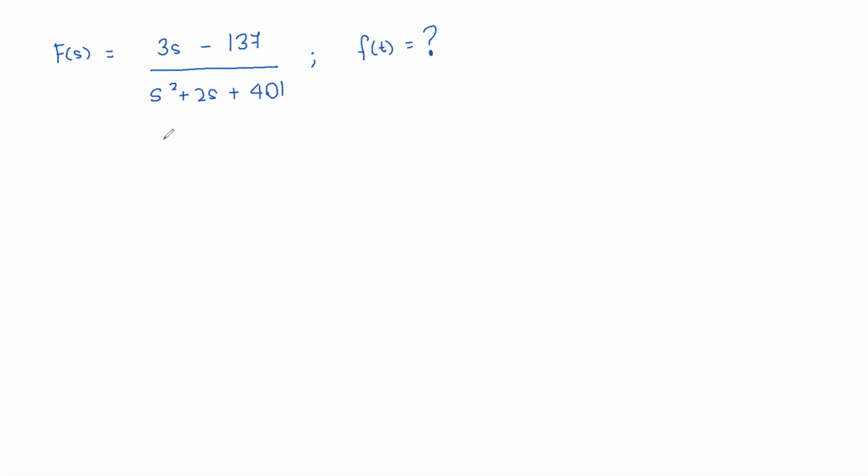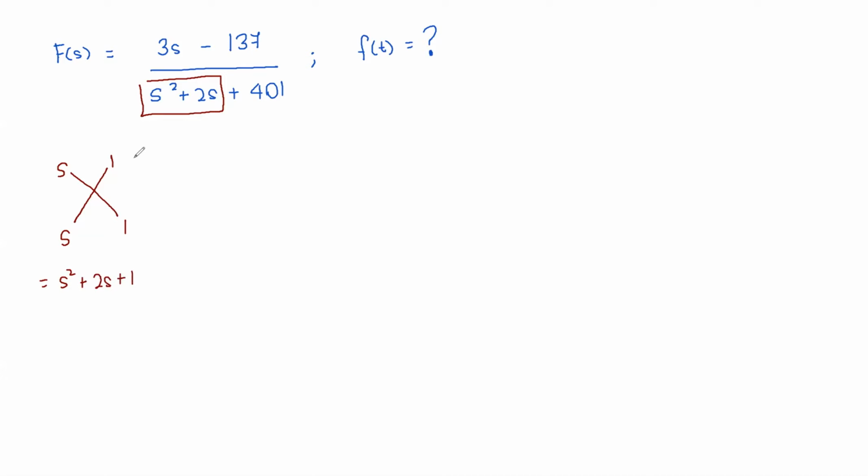In order to derive this, you realize that the denominator is in polynomial form. To get 2s here, we must have (s plus 1) squared, so you will get s squared plus 2s plus 1.